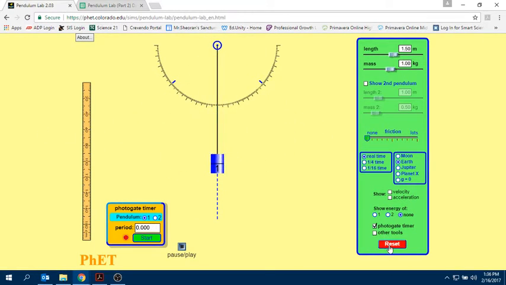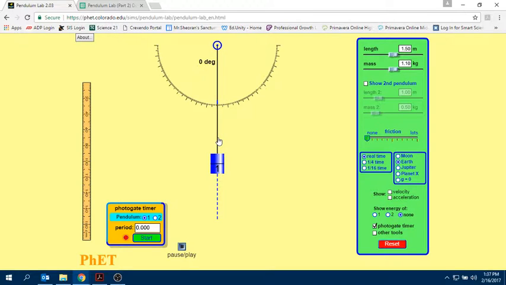We are recording changes to that variable as we alter one of 3 other variables. So length, mass, so how heavy is the thing on the end of the string, and finally angle of release, which we have a variety of angles from 90 to as low as 1 degree.